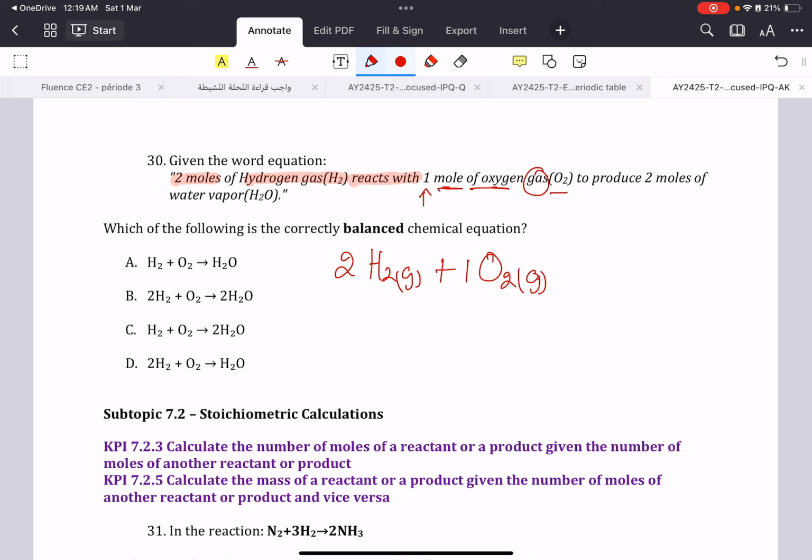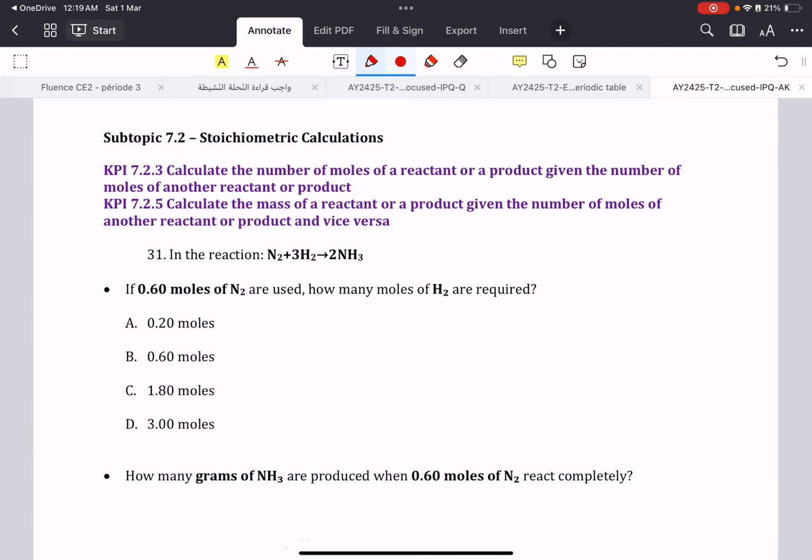So 1 O2 gas to produce 2 moles of water vapor. And when they tell you here water vapor, we are talking about H2O gas, not liquid. So which of the following is the correctly balanced equation? By reading carefully the question, the answer is B.